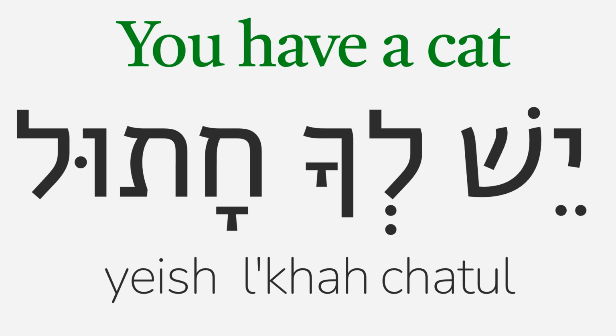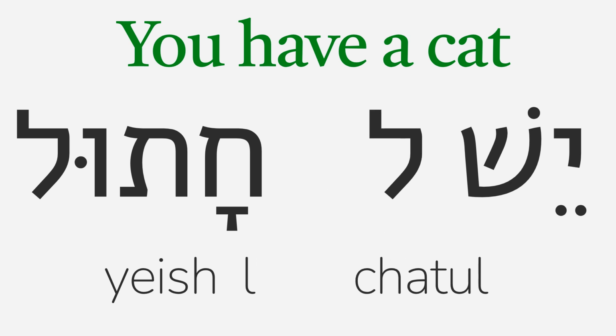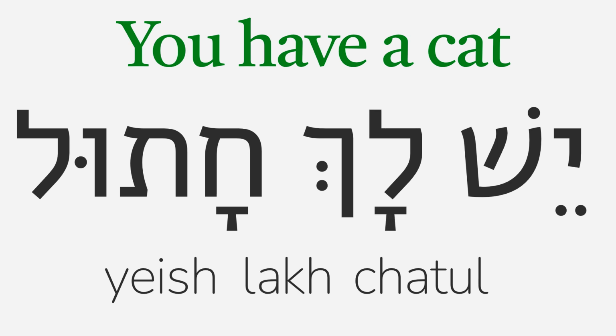If we want to instead use the feminine singular form of you, the suffix we'll use will be ch. This ch suffix will need a vowel between itself and the preposition it's on. In the case of the preposition la, this vowel will be a kamatz, a. So to you, feminine singular, is lach.